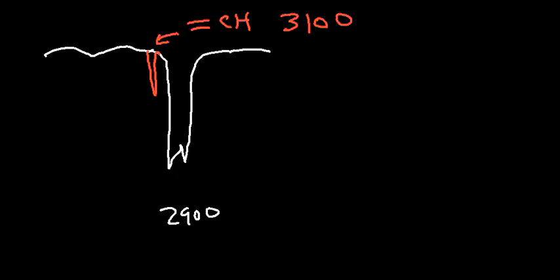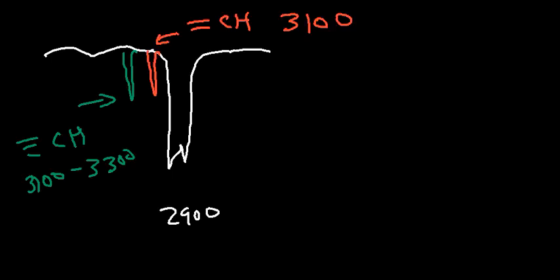And then to the right of that, somewhere over here, you'll see a triple bond CH stretch for a terminal alkyne, which could be anywhere from 3100 to 3300. So that's where you'll find those two peaks whenever you have a graph that you're analyzing.